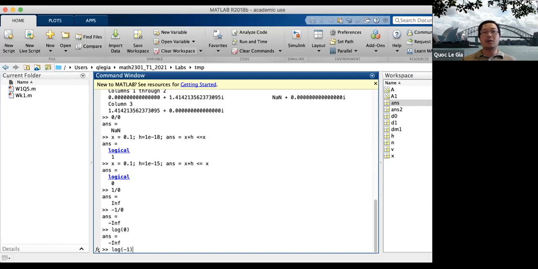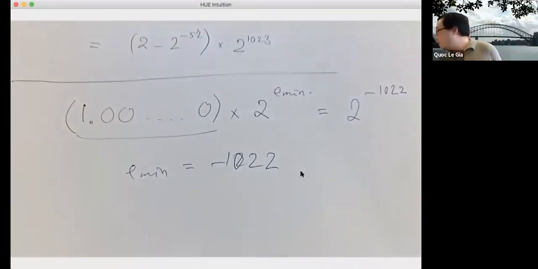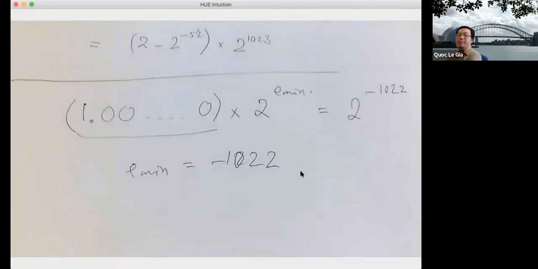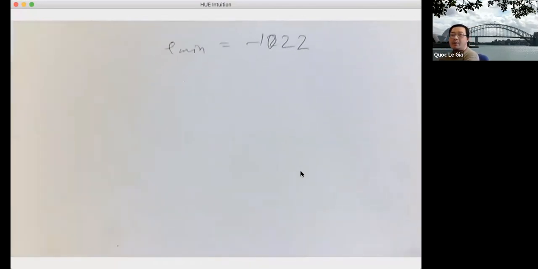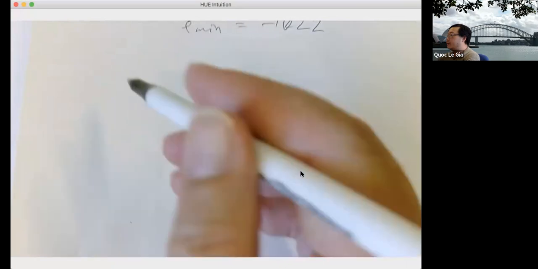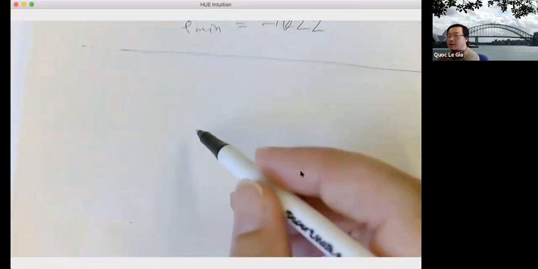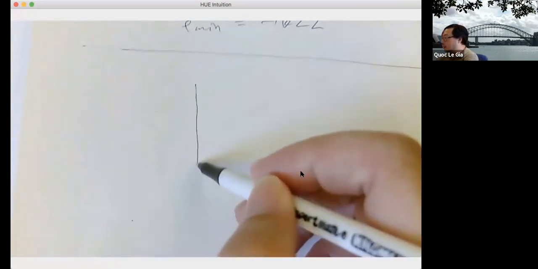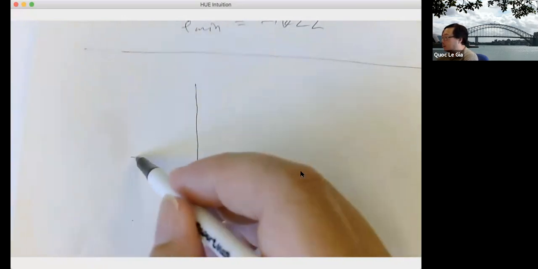So let me share the piece of paper. Okay, so if you remember, or maybe you might not have seen it, if you study complex analysis, you don't have to, but I just tell you that.